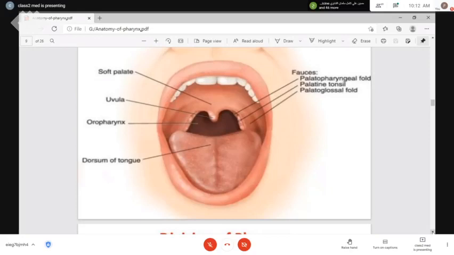Then, on each side, first the palatopharyngeal fold toward the pharynx, and below it the palatoglossal fold toward the tongue, and between these two, the palatine tonsil. Lower down, you can see the dorsum of the tongue, and deep to this structure, at the middle part, there is the oropharynx.